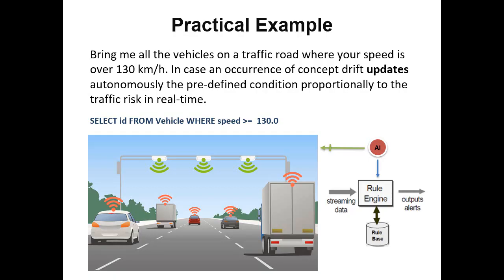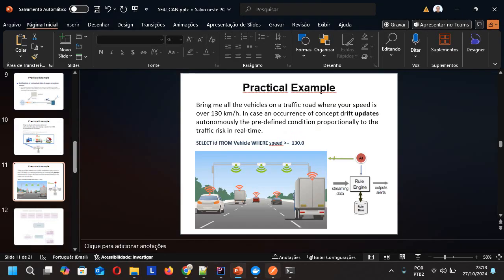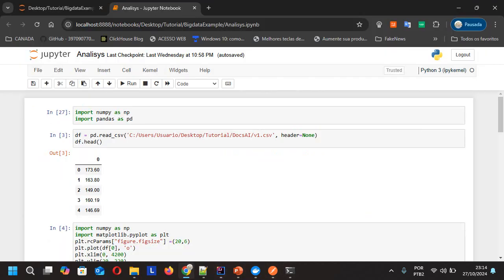Let me stop here, because we're going to make a practical example with code. The first thing that you can see here is an analysis of the discharge of this data.